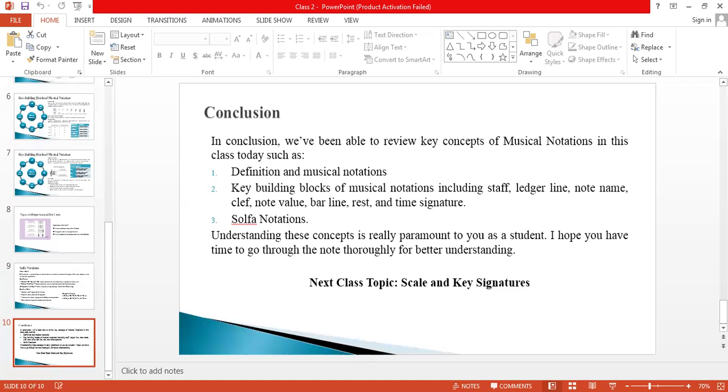The understanding of these concepts is really paramount to you as a student. I believe you will have the time to thoroughly look into the notes that are provided for you. And by next class, we'll be looking at another topic, which is scale and key signature.